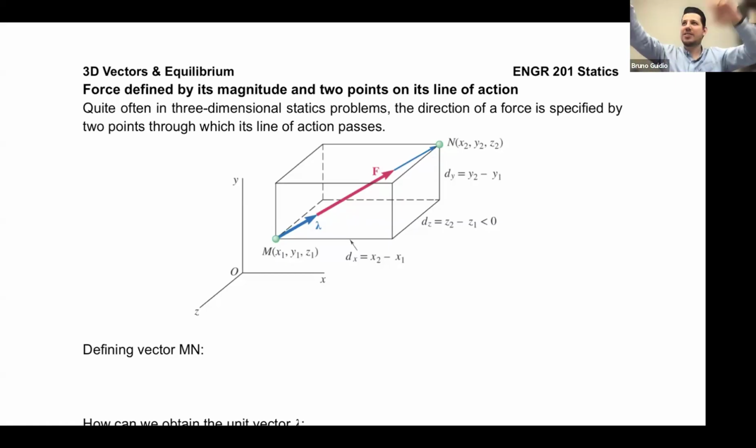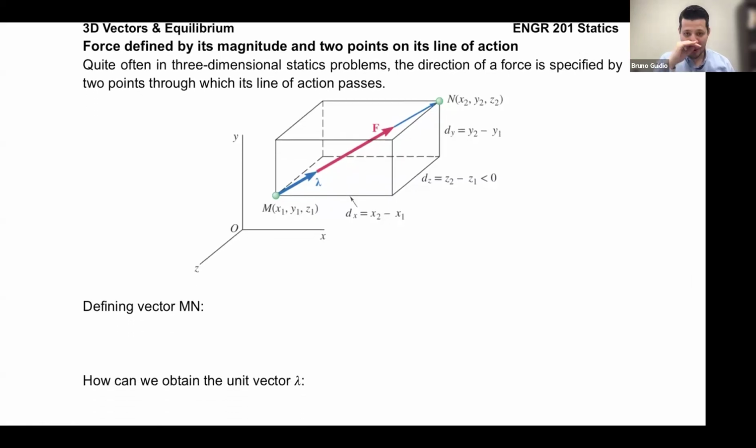We have some points: hey, this starts here and finishes there. The origin is here at 0, 0, but then we have a force applied at this coordinate x blah blah, y blah blah, and z blah blah. So we have some points in your system. And how can I write a force vector or a vector using those points? Okay, so that's what I want to talk about right now.